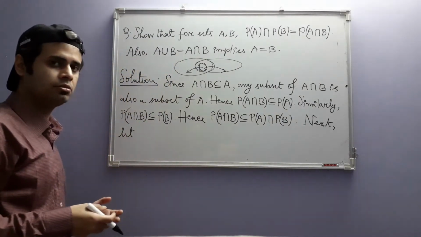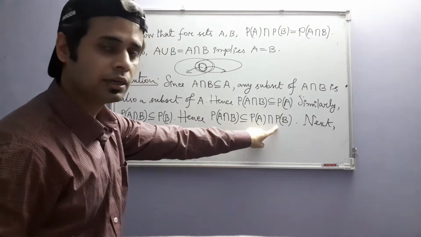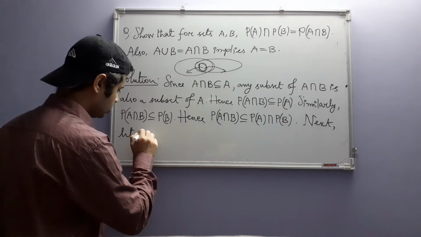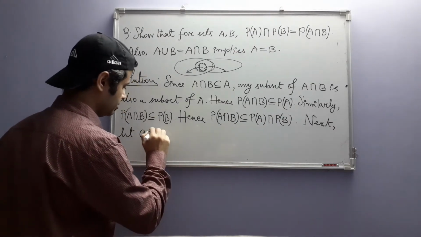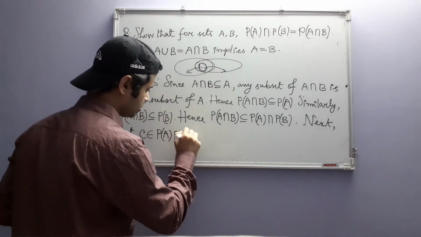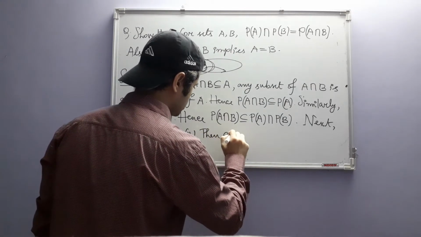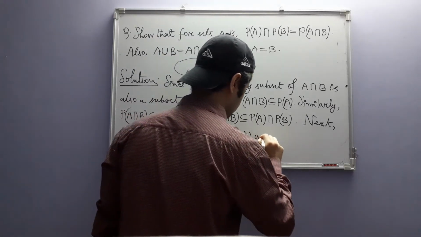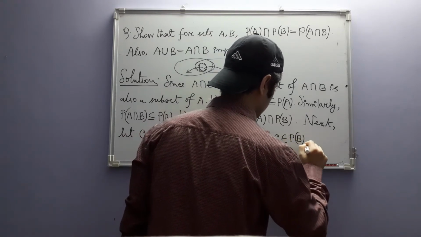Inside a power set you have subsets as elements. So when we consider an element here, that has to be a set. Let C be an element, mind it, of P(A) intersection P(B). Then C belongs to P(A) and C belongs to P(B).